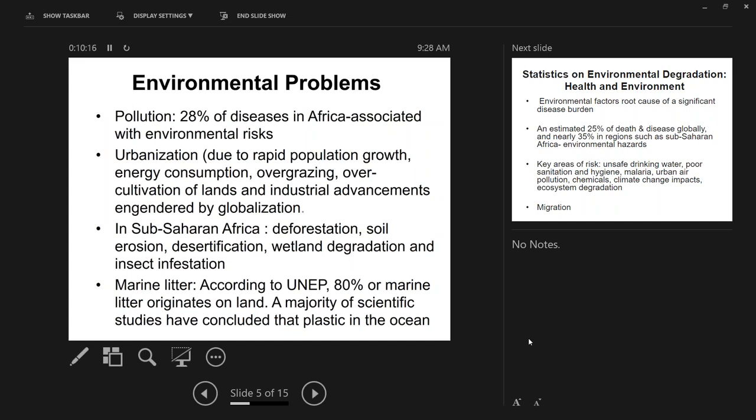It is estimated that 25% of death and disease globally, and nearly 35% in regions such as sub-Saharan Africa, are related to environmental hazards. Key areas of risk include unsafe drinking water, poor sanitation and hygiene, malaria, urban air pollution, chemicals, climate change impacts, and ecosystem. We also have another challenge related to migration.